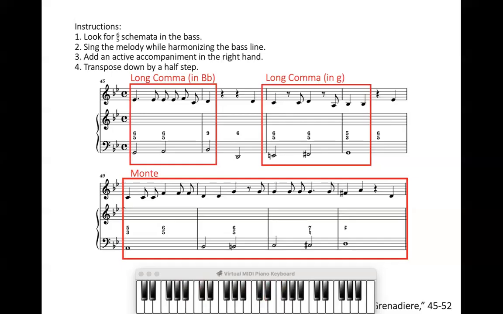Okay, so once we can do that, we can add an active accompaniment, and by that I mean some kind of diminution. So we could have some kind of chords, something like that, or we could have something more broken, and so on.